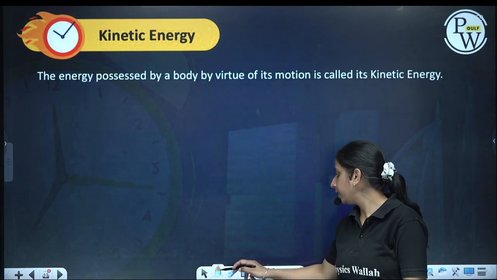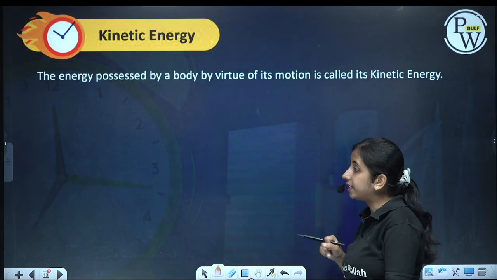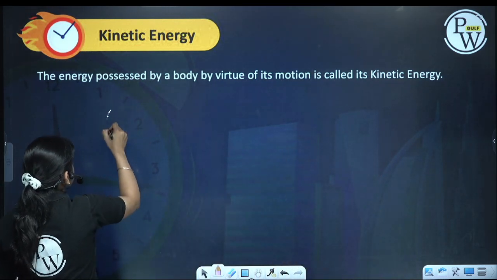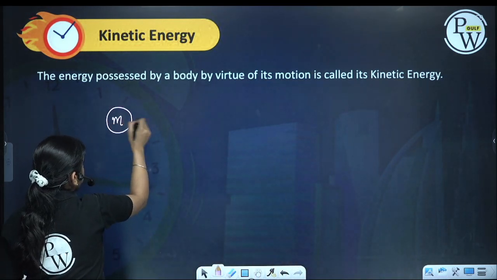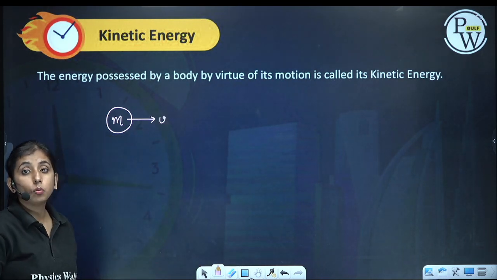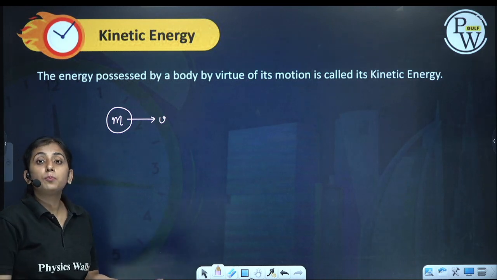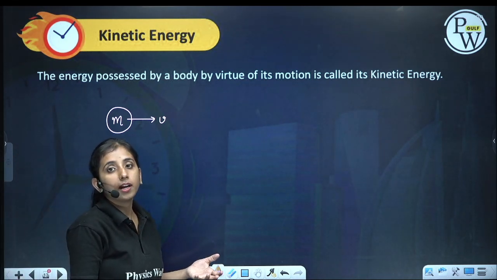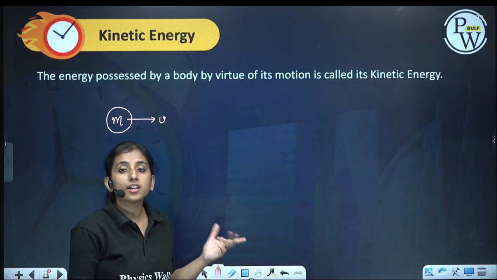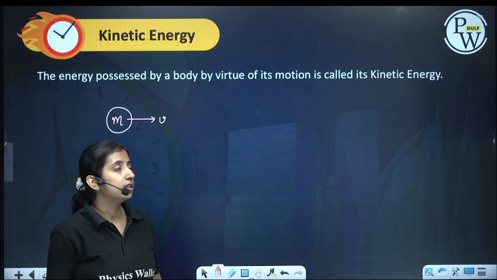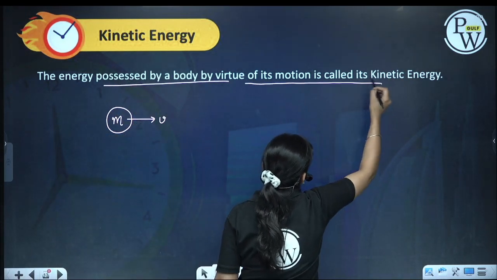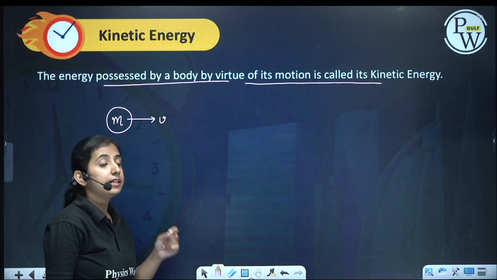Now if we have a body of mass m moving with speed v, then it possesses some energy due to its motion, which is called kinetic energy. The energy possessed by a body by virtue of its motion is called kinetic energy.